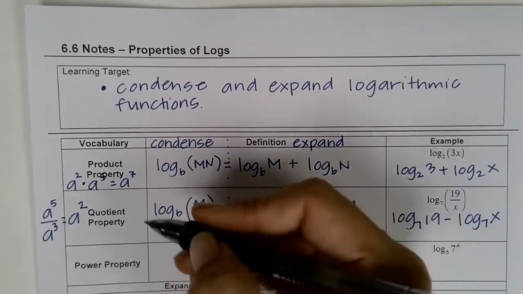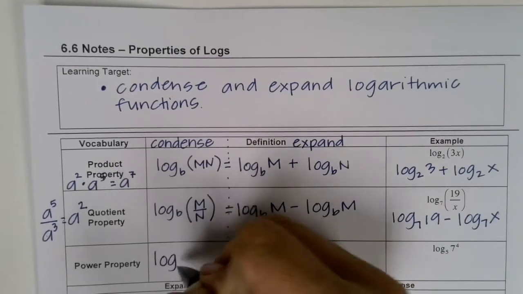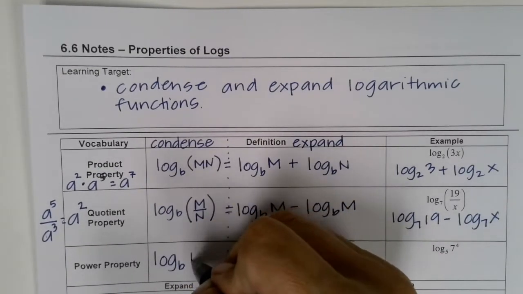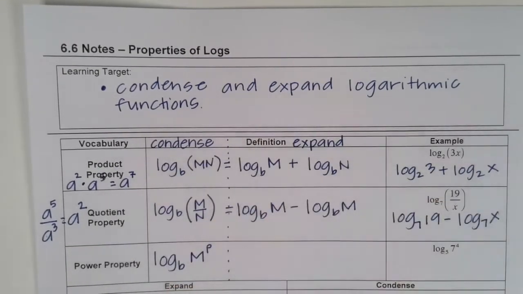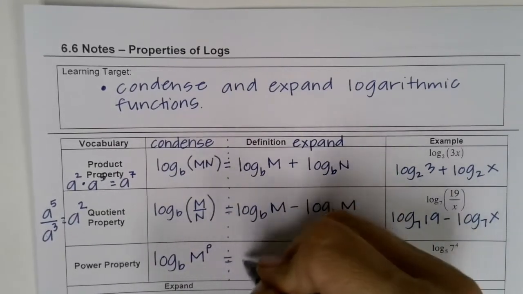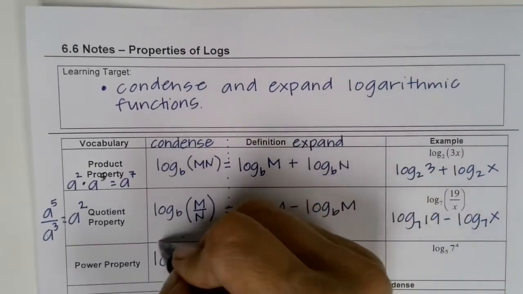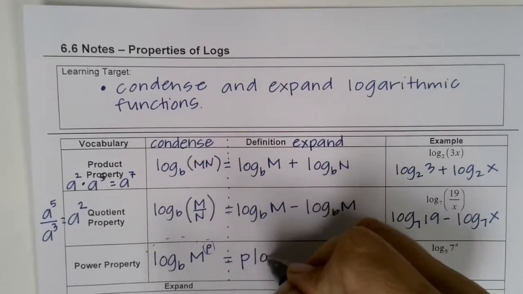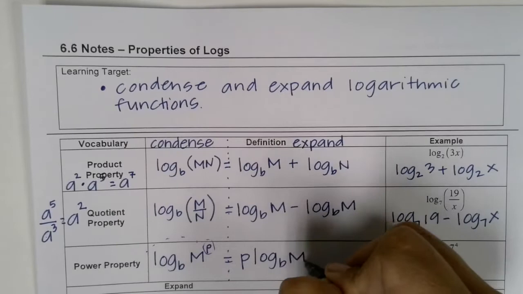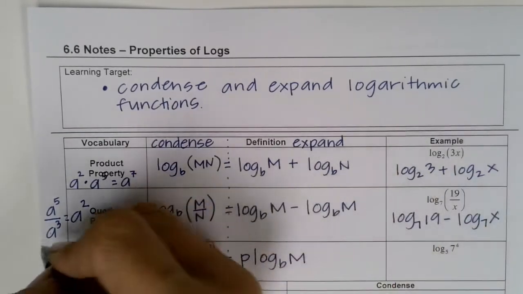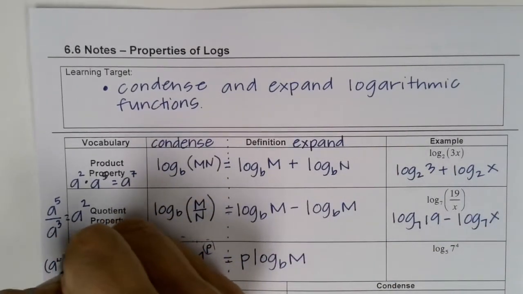Next, we have the power property that says if you have log base b of an argument raised to a power, another way to write this is to multiply. So you're going to bring that power down in front of the logarithm and just multiply it by the logarithm. So the exponential equivalent would be something like this.